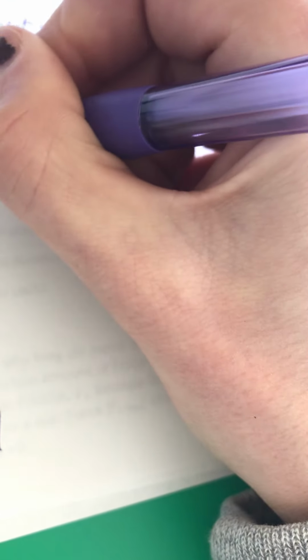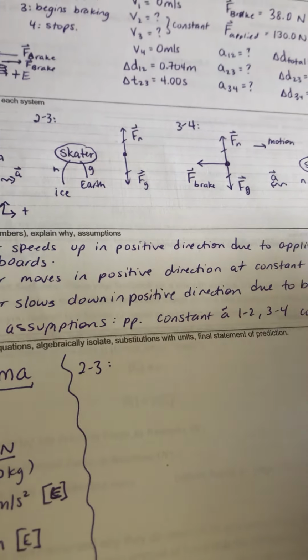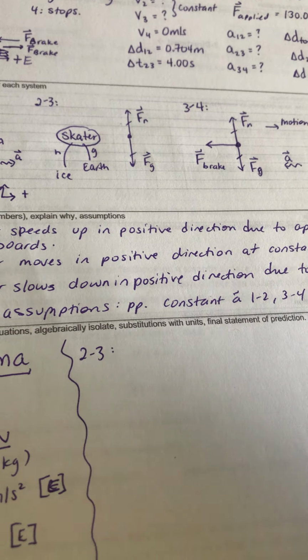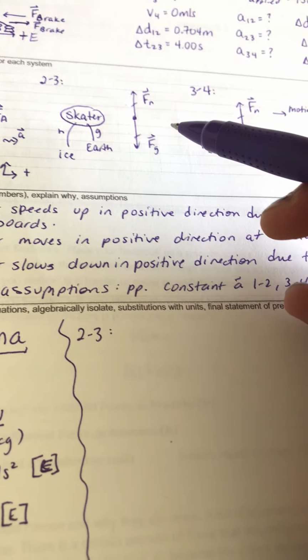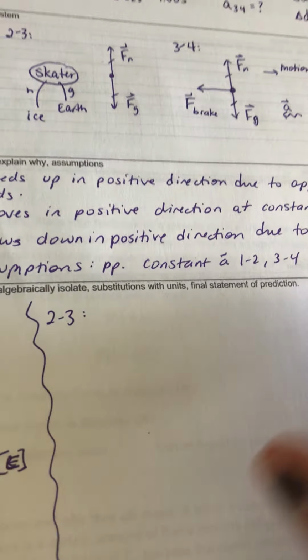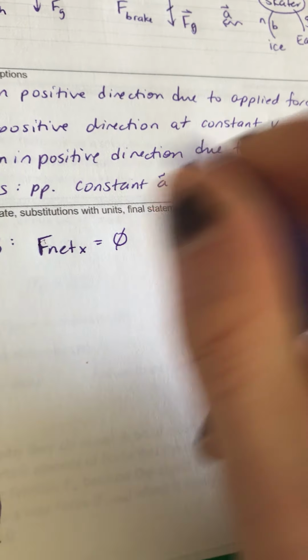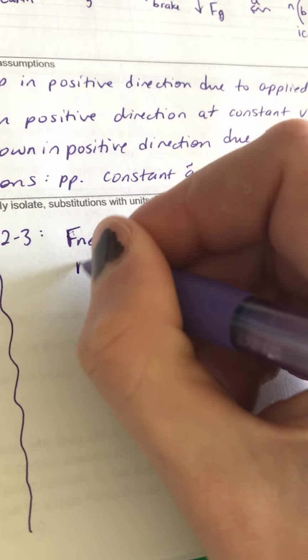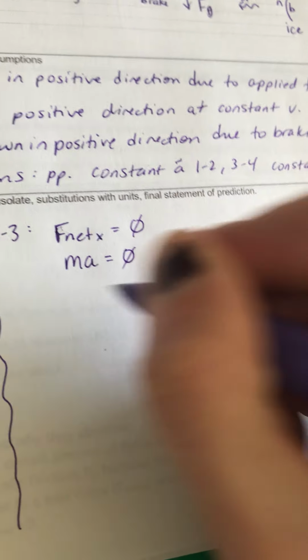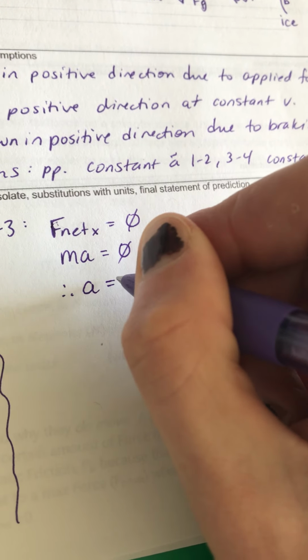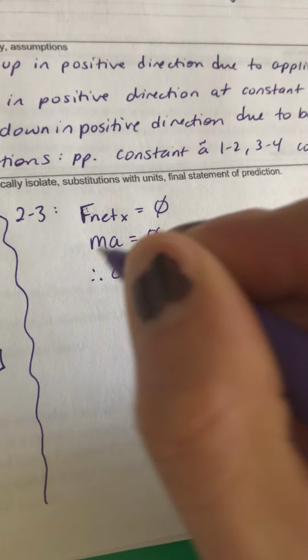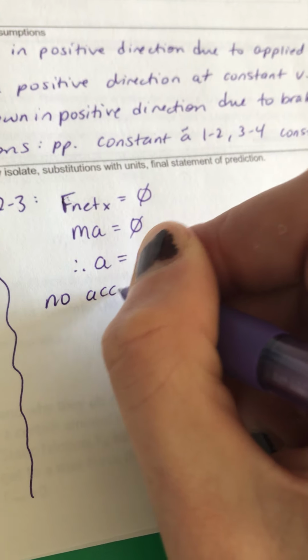So from 2 to 3, let's look at our force diagram again up here. In the x direction, we have nothing, so that equals 0. That means ma equals 0. That means a equals 0. So no acceleration.